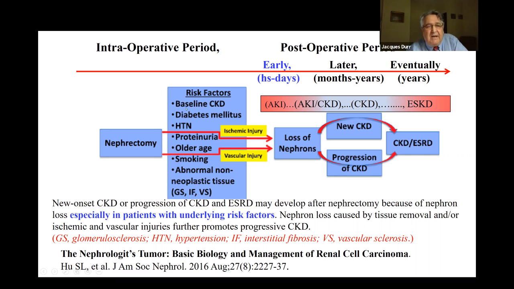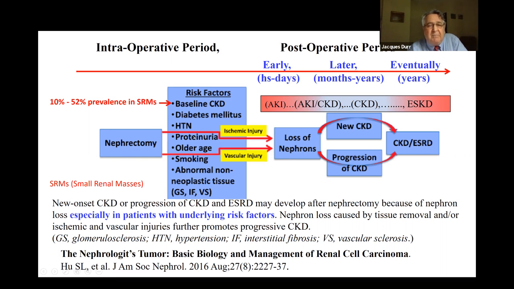The patient may have already CKD, and this is very important in this population. As you're going to see, the study showed 10 to 50% of patients with pre-existing CKD even before removing the tumor.